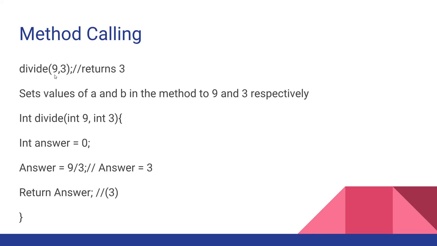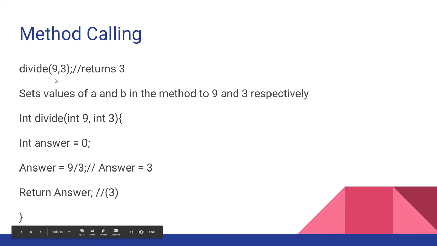And if we call it with 9 and 3, 9, which is the first argument called with, will turn into the a, and 3, which is the second argument, is going to turn into the b. And a within the method is going to be equal to 9, and b within the method is going to be equal to 3. And it will divide those values specified and return the answer.